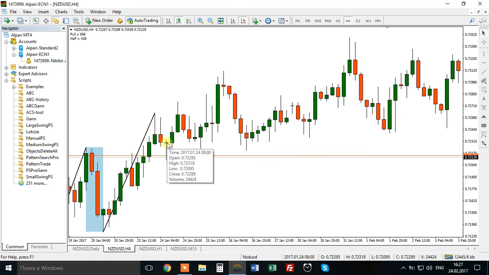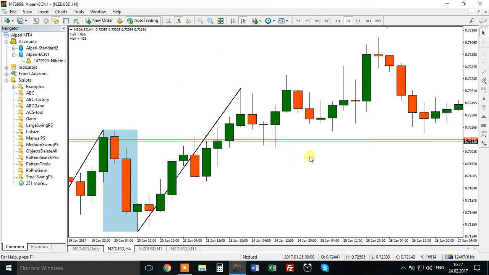Okay, the close 72.289 and the open 72.295. The open is higher than the close, so this candle is red. 72.29, 72.28. Close is lower. The candle is red. Yes, now I can see it is red.